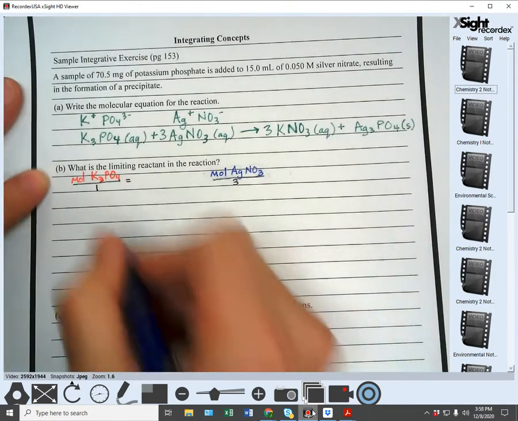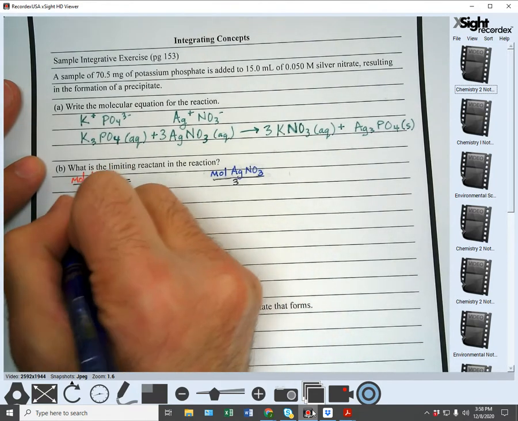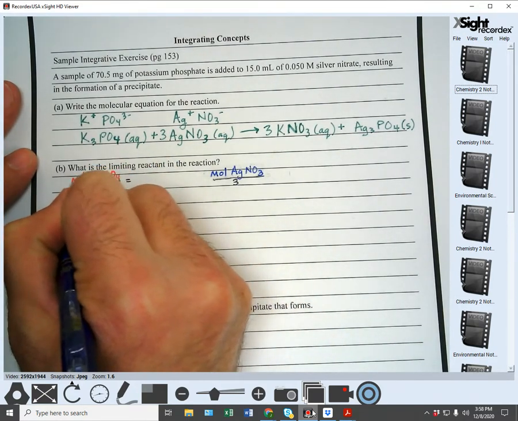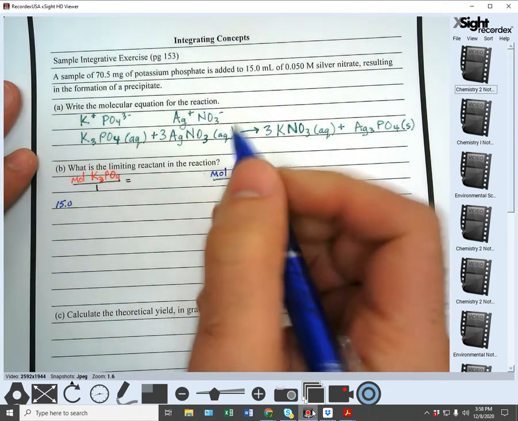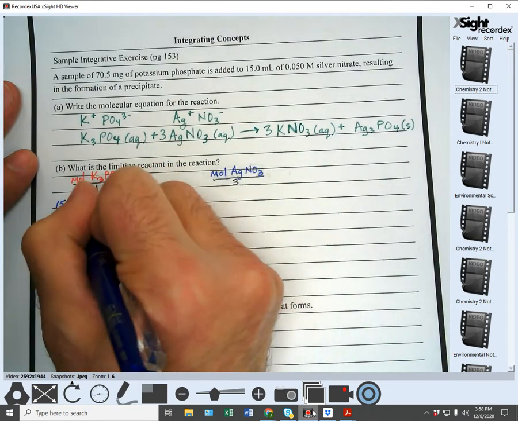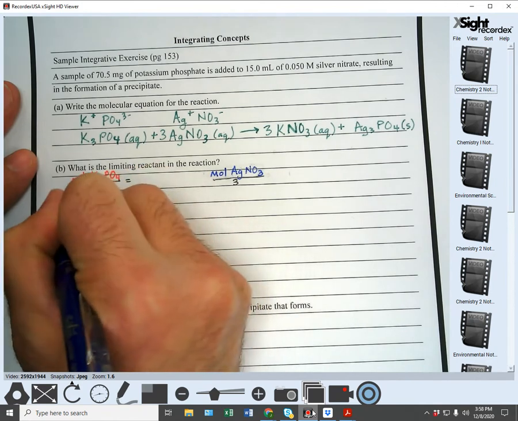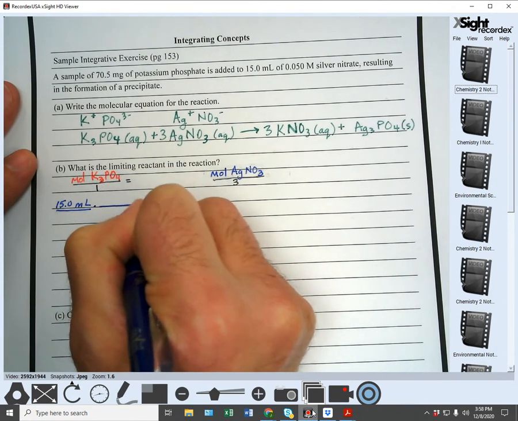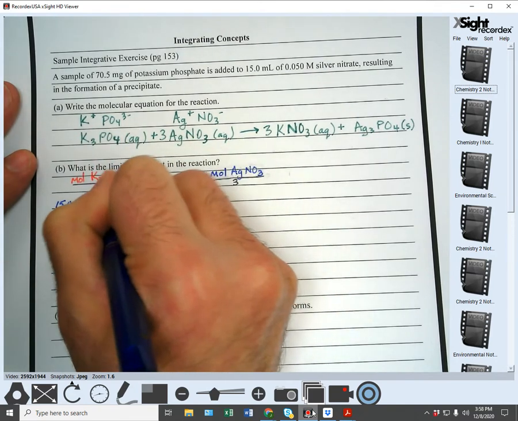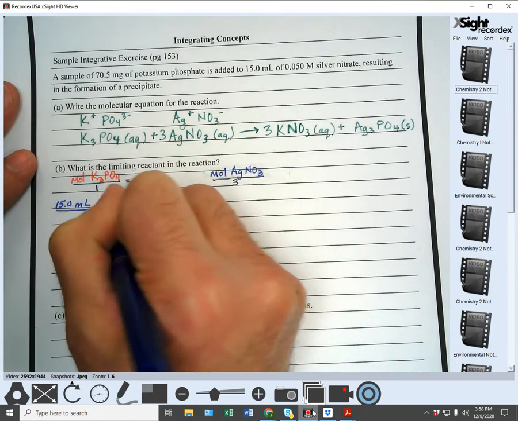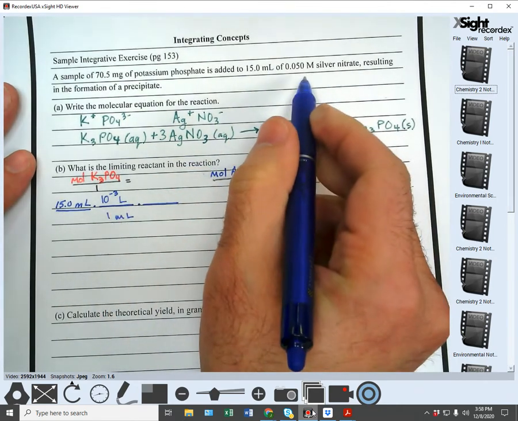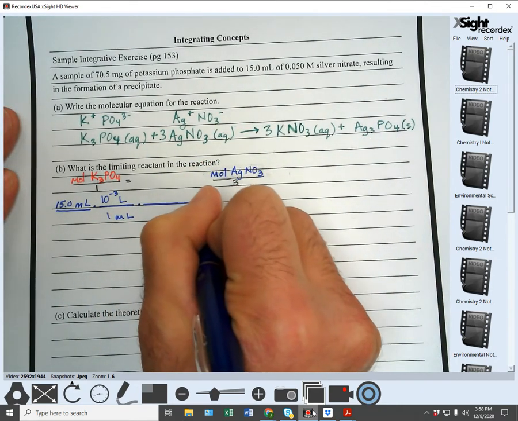I'm going to start with the 15.0 milliliters, and I'm going to convert from milliliters to liters. Then I'm going to use the molarity as a conversion.